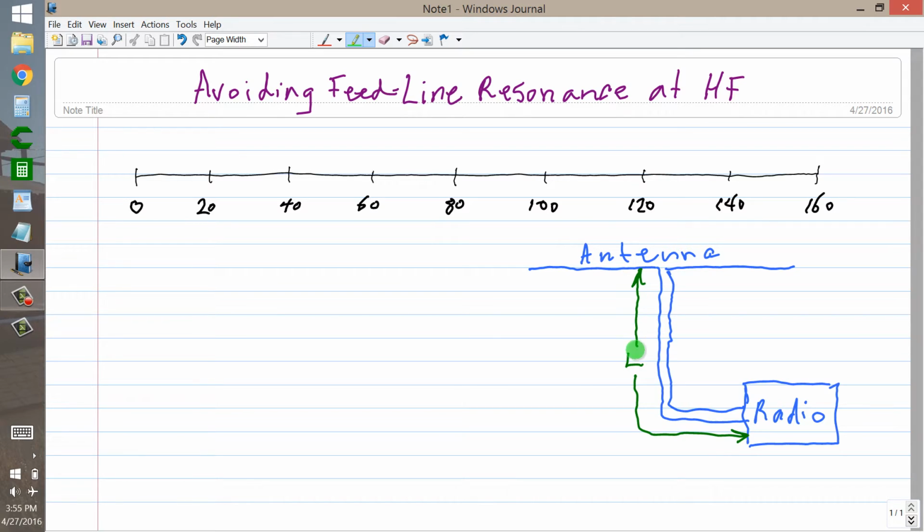And here's the length L of your feed line from the feed point where the feed line meets the antenna to the radio or the output of your transmatch or whatever. You measure the length of this feed line with a tape measure overall, and that is your length L.